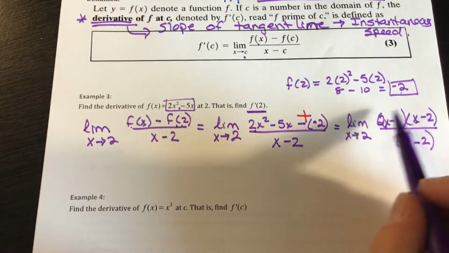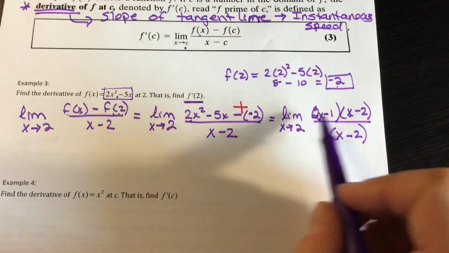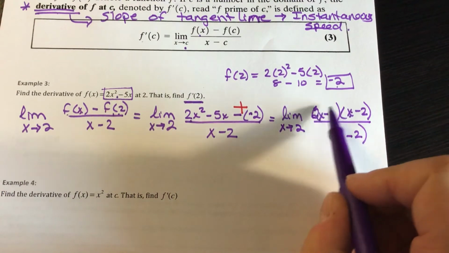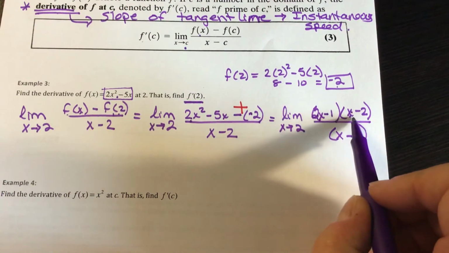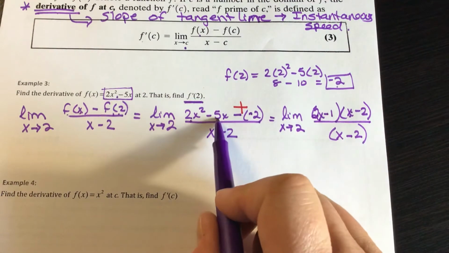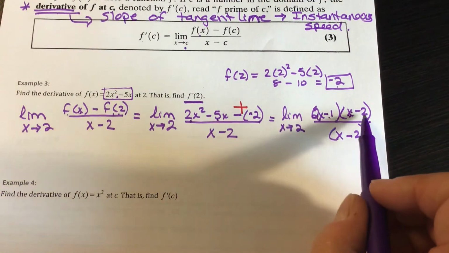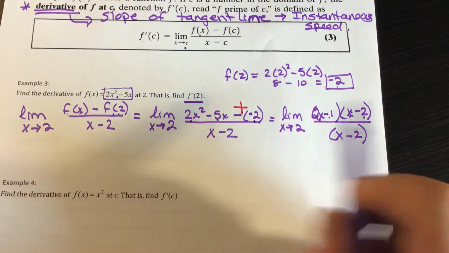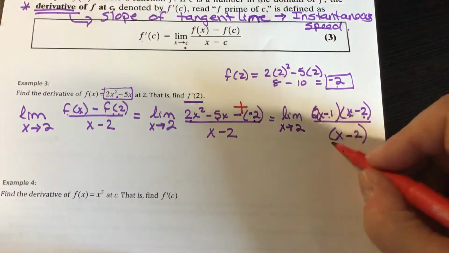And if I just double check with my FOIL here, this is 2x squared, minus 4x, minus 1x is minus 5x, and then negative 1 times negative 2 is positive 2. So that works. I'm going to cancel.